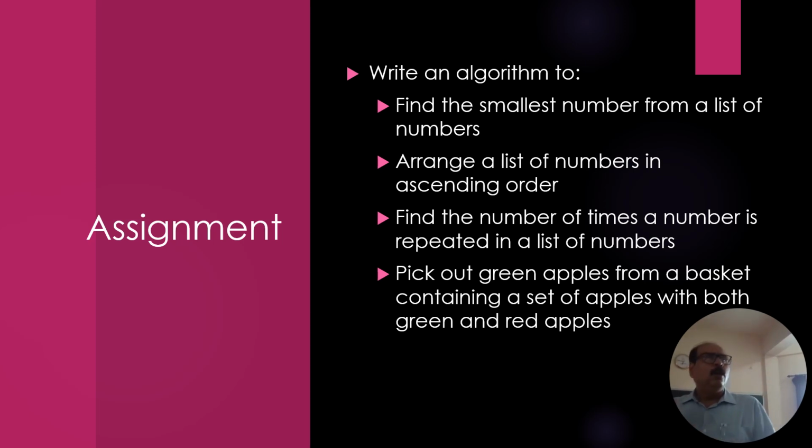So now we have devised an algorithm to find the largest in a list, marks. Whenever you are booking flight tickets, how many of you have regularly booked flight tickets?